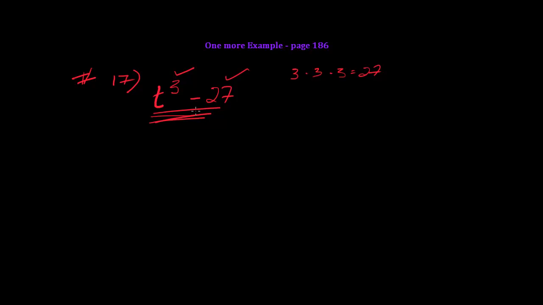Now, go back to page 184, and as you get started here, a difference of perfect cubes factors out to a minus b times a squared here, and the b squared term over here, and its opposite.